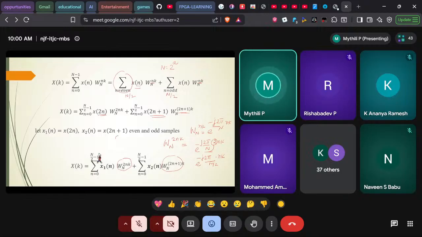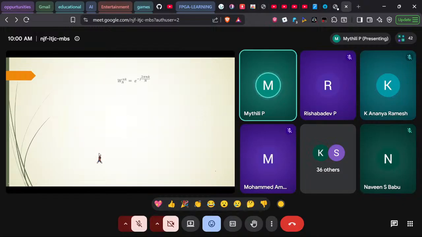Then now what is the standard way to write this? This can be written as W_N by 2 of nk. Okay. So let's see that. You can see here I have explained this, the first one.